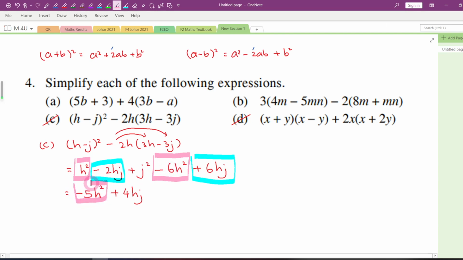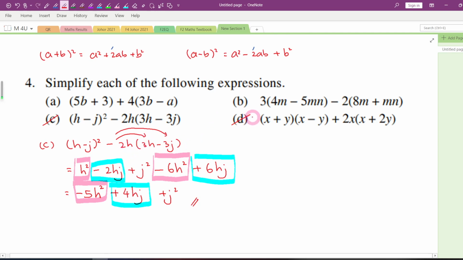This is red color, and these two, we solve it, we get this one. And the last one, we cannot do anything here, we only copy plus j squared. Let me check the answer. Okay, correct. This is the answer for C.